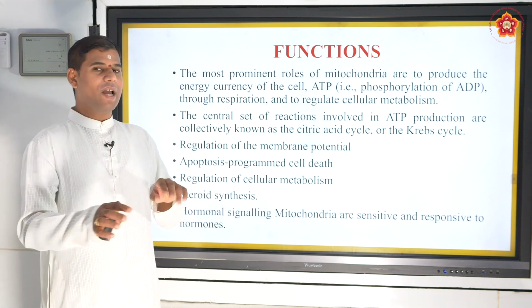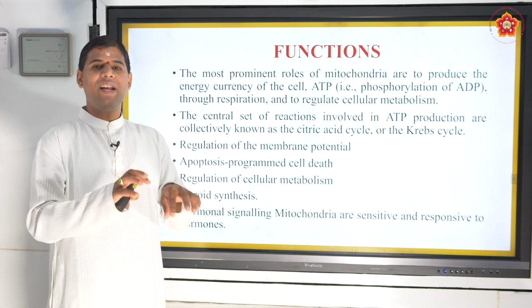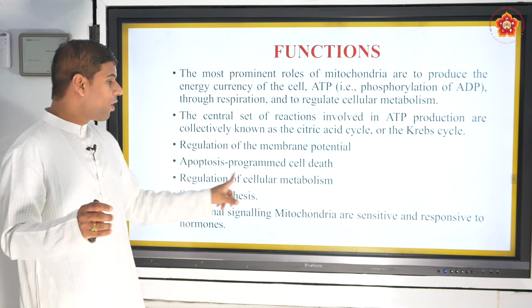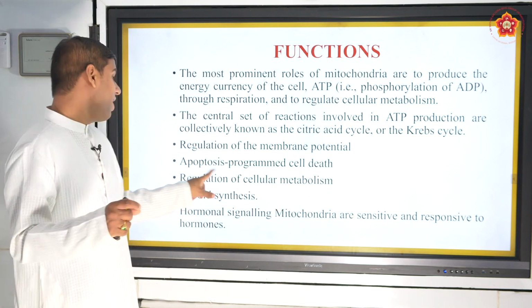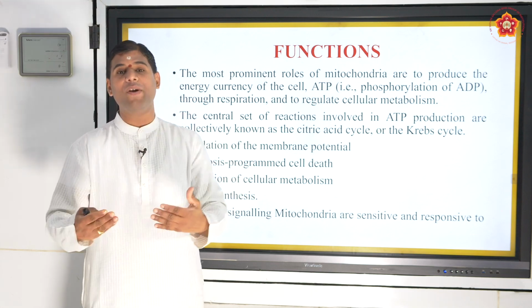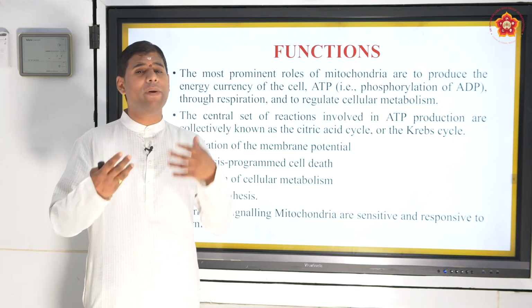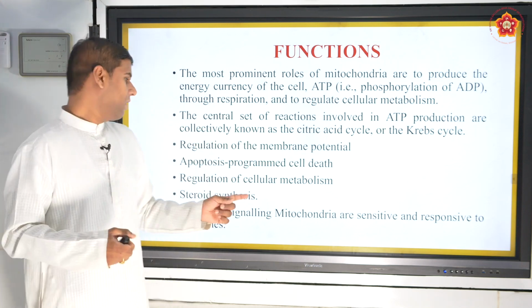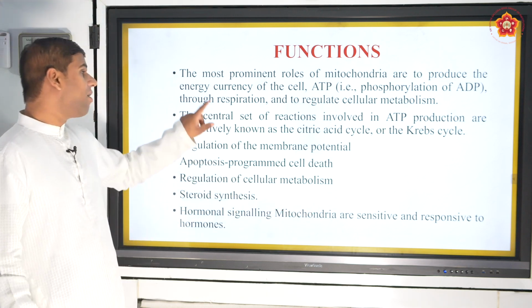You program something, it begins and it ends. Here they are programmed biologically, by default, by nature. At a particular time they die off and new cells come into existence. That's how so many cells die each and every day, and so many cells are formed. The regulation of cellular metabolism is also done by this.